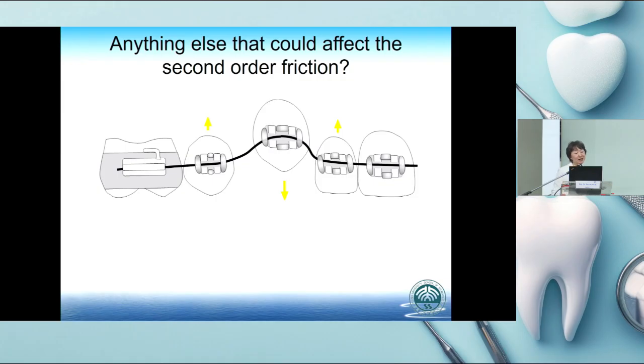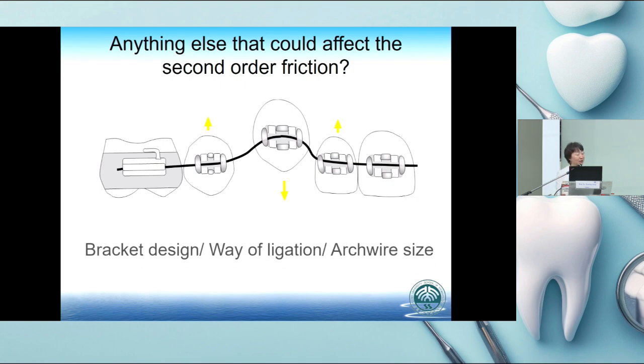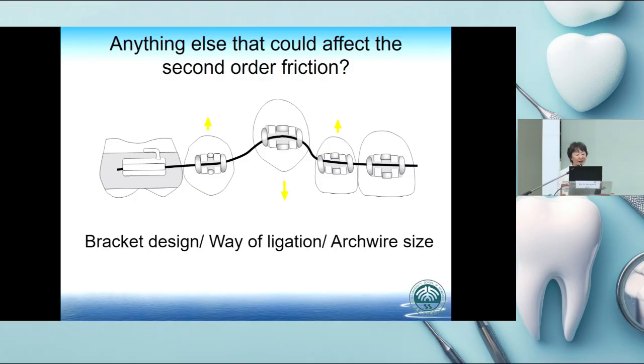Let's think about anything else that can affect the second order friction. Maybe bracket design. A bracket like this, you have a cutter here. You will get less archwire deformation with this kind of bracket.